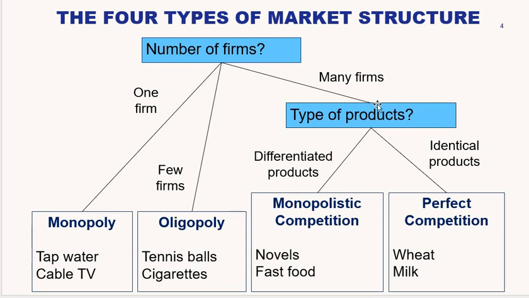When you have many firms in a certain industry and those firms sell identical products, we consider those markets perfect competition markets. And examples of perfect competition markets tend to be agricultural products, because the output of those industries tends to be identical, right? It's not that different from each other as maybe in the car market or computer laptops.